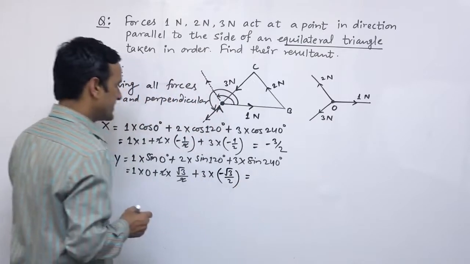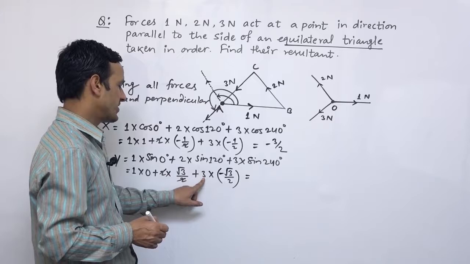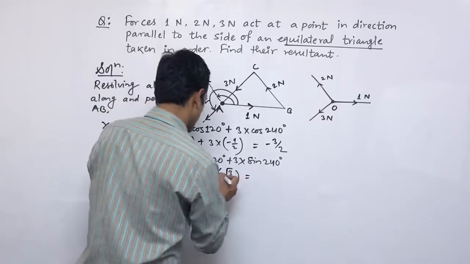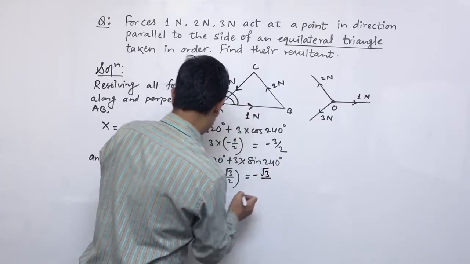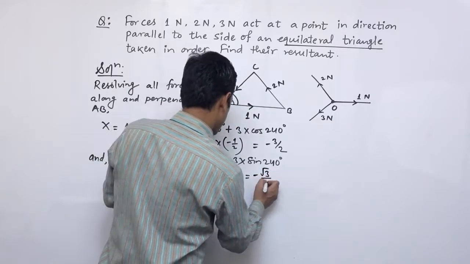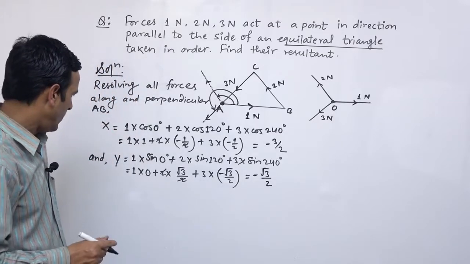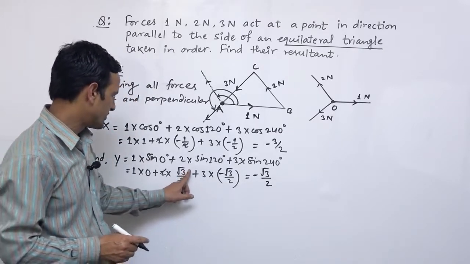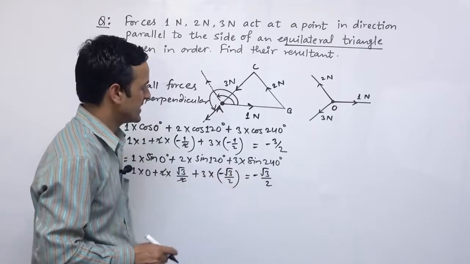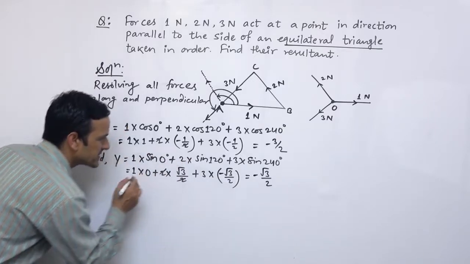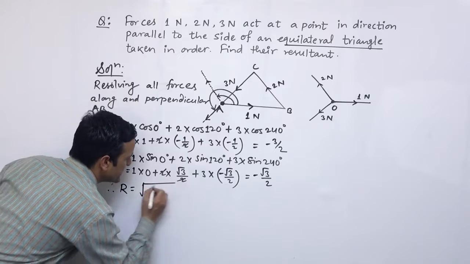So if you solve it, we get 0, and √3 minus 3√3, rather minus 2√3, and cancelling the 2 we get minus √3/2. √3 plus 2√3 minus 3√3 means minus √3/2. Yes, it is the correct answer. Y is minus √3/2.